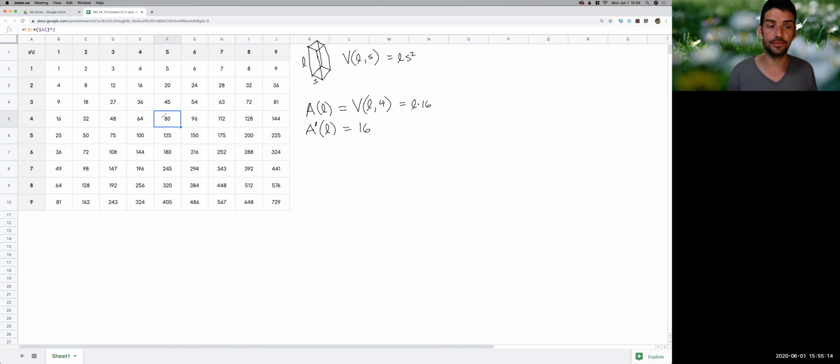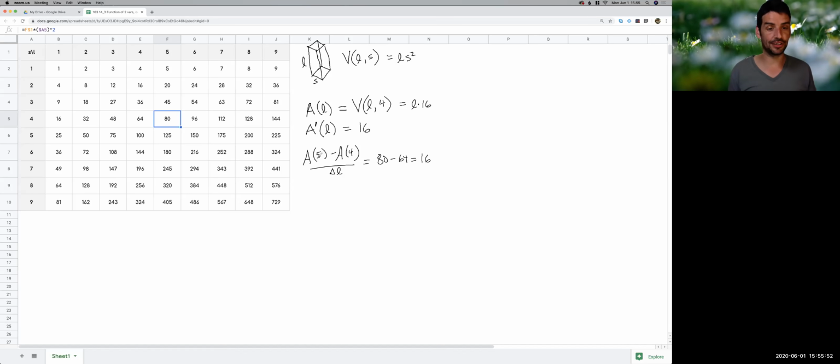If you think about an incremental change in L, for instance, A of 5 minus A of 4, pardon me, over the change in L. I'm just looking at what happens when I change my side length from 4 to 5. So the change in L is 1, A of 5 is 80, minus 64 is equal to 16.